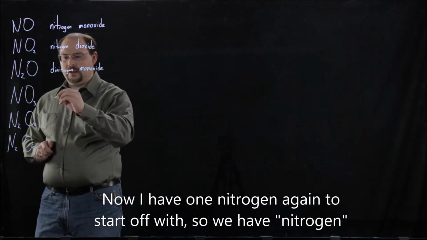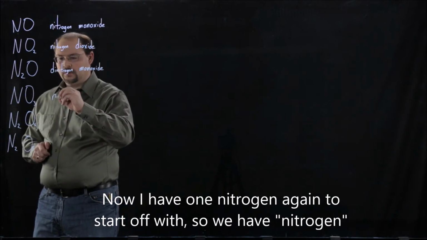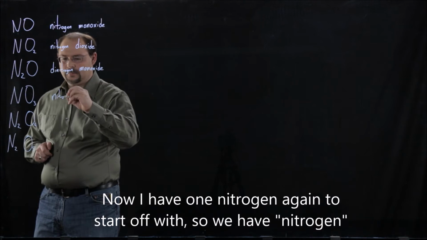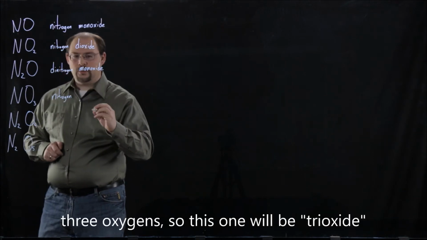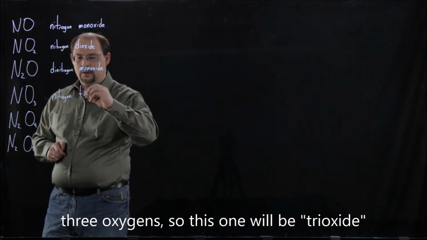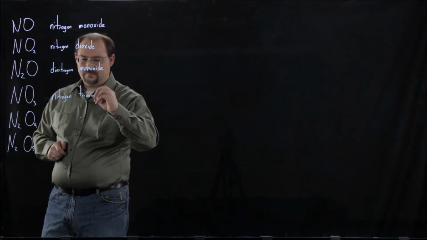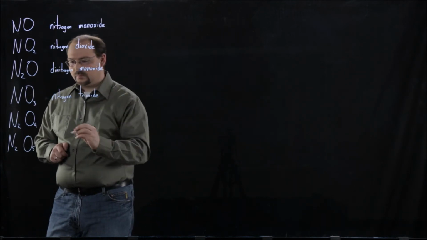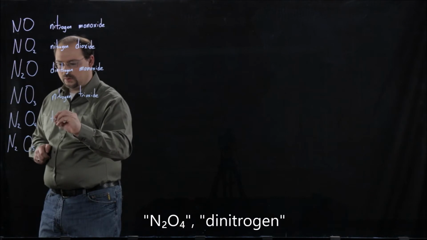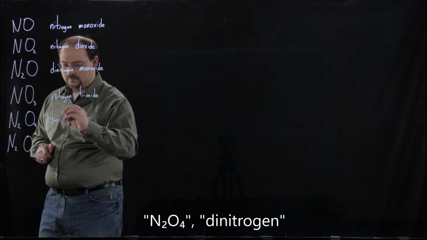Now I have 1 nitrogen again to start off with. So we have nitrogen. 3 oxygens, so this one will be trioxide. N2O4, dinitrogen.